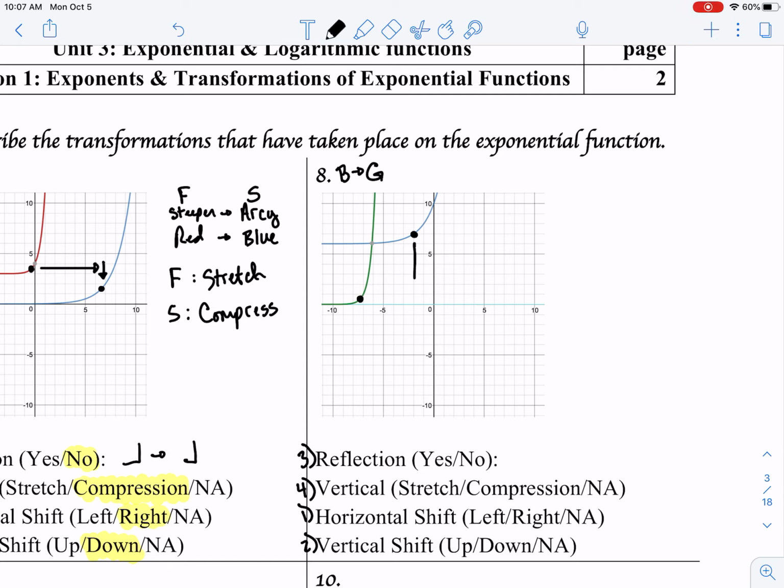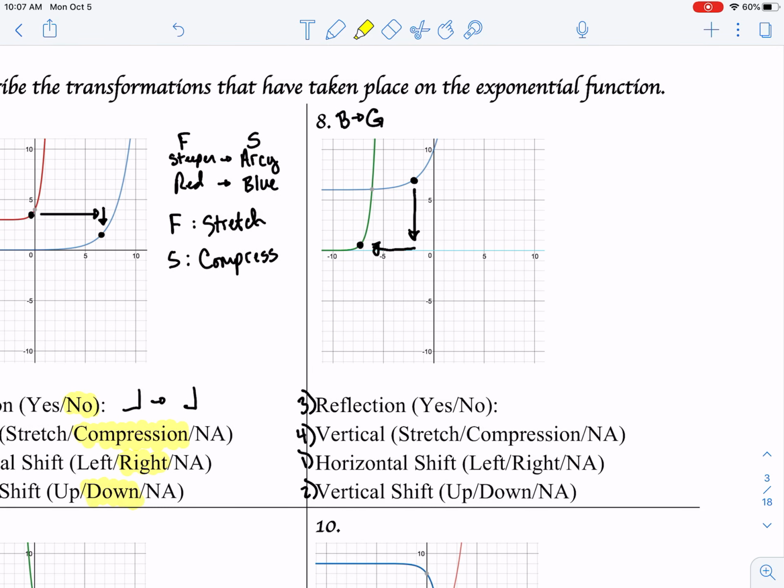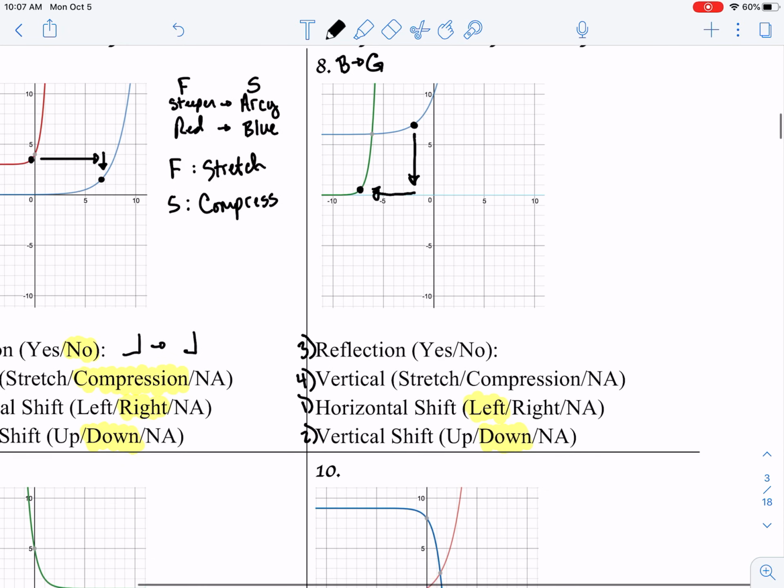Blue to green, I'm going down and left. Reflections are based off of my shapes. Blue still looks like a backwards L. Green looks like a backwards L. They're both the same shape, so no reflection.